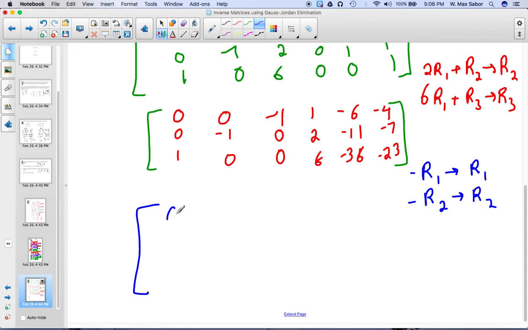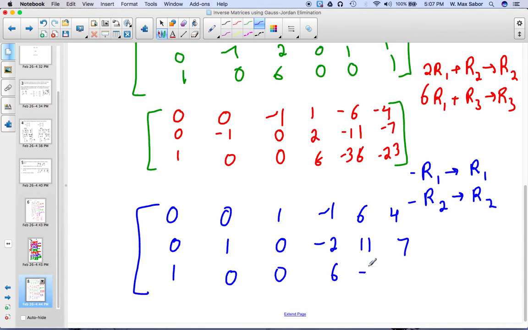So now 0, 0, 1, -1, 6, 4, 0, 1, 0, -2, 11, 7, 1, 0, 0, 6, -36, -23.